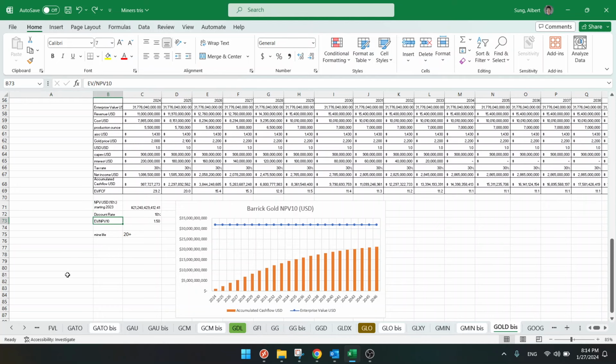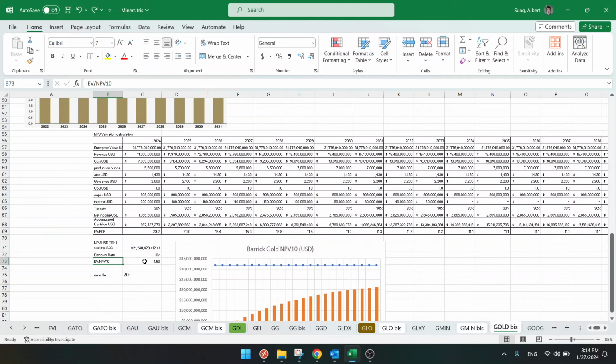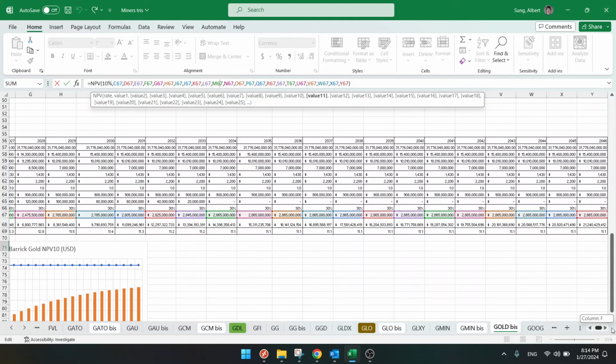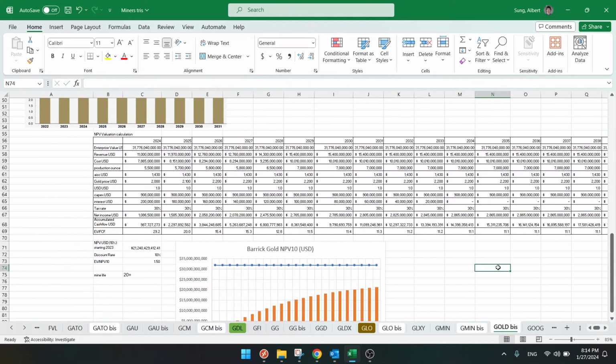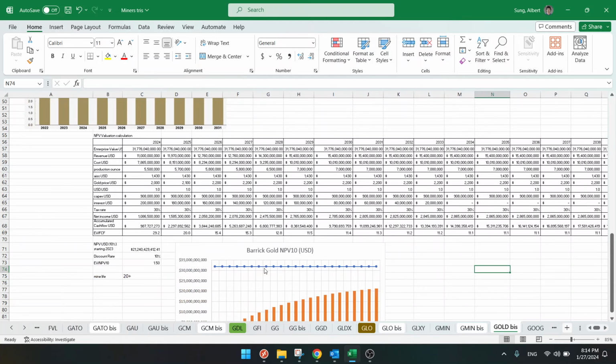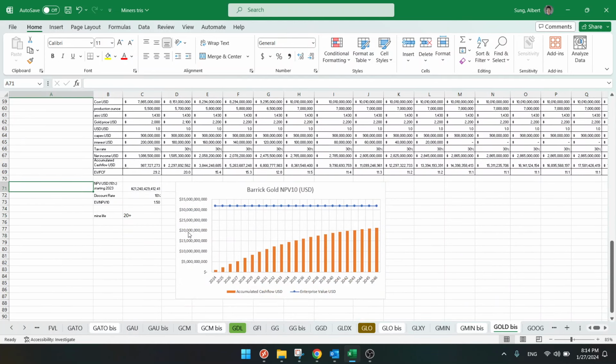Here, EV to NPV, most important chart, most important ratio, that's the enterprise value divided by the NPV. And this NPV is coming from all these cash flows that come in. 20 years of cash flow, of course, it can go to 30 years, but I'm not going to type all these numbers in. You can do it yourself.